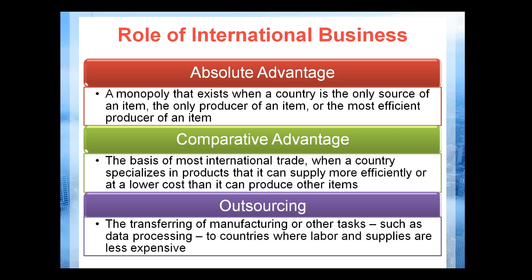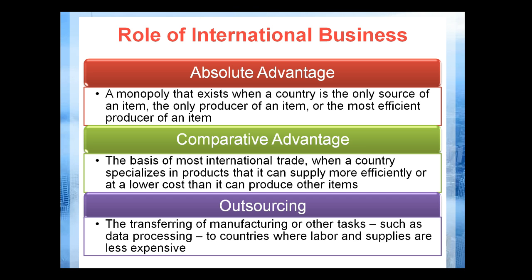Now, they are talking about three different types of advantages that are quite unique. Monopoly, we talked about that, but in an absolute advantage, this country has the only source of this item and the most efficient way to produce it, and it gives them a significant advantage when they're extending outside their borders.